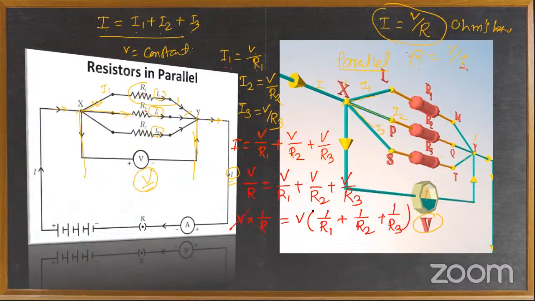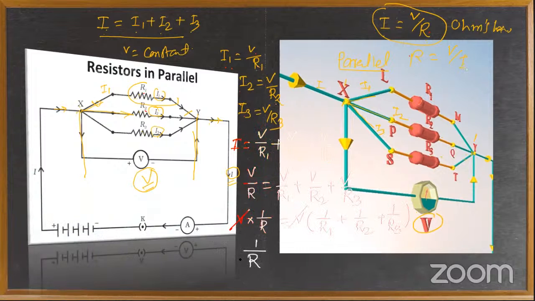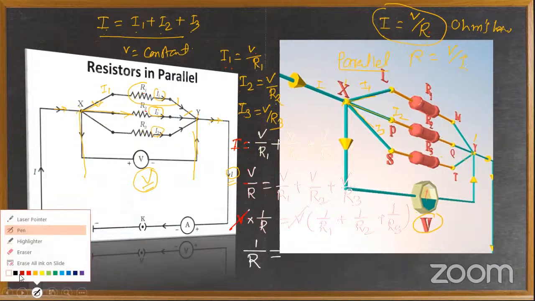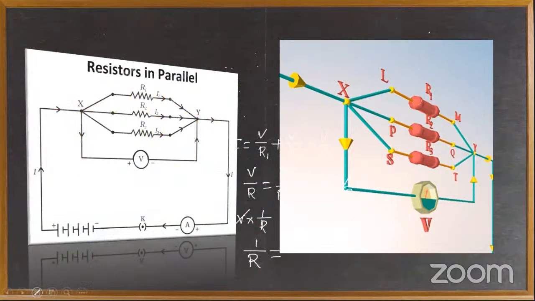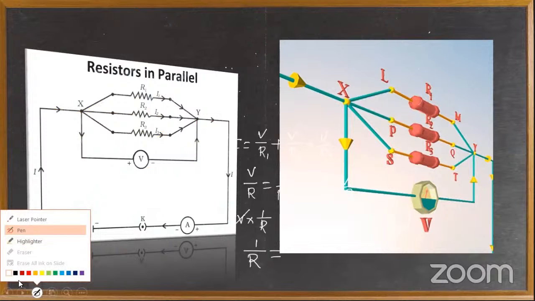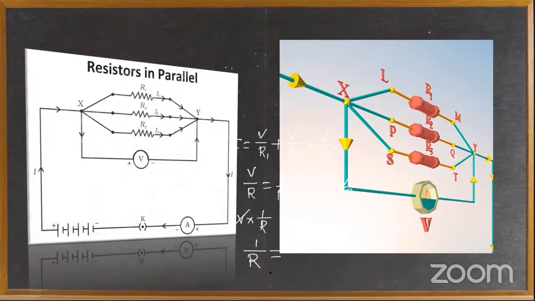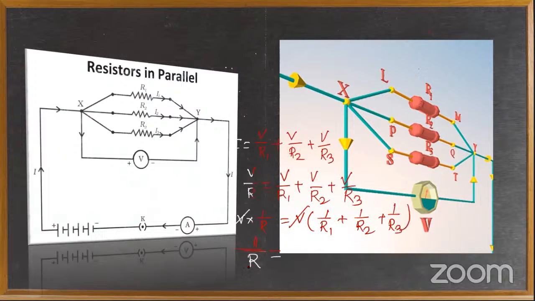Then this V gets cancelled with this V. Then what is the final equation? 1 upon R is equal to 1 upon R1 plus 1 upon R2 plus 1 upon R3.